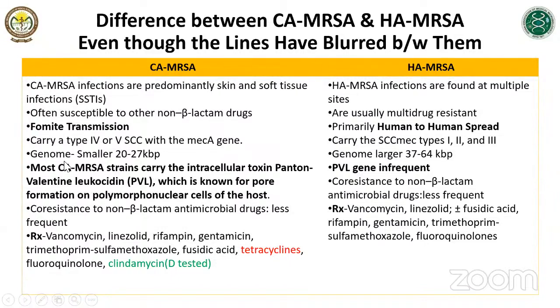The genome is smaller for this SCCmec because it carries the type 4 or type 5 SCC with the mecA gene. Most community-acquired MRSA strains carry the PVL toxin, and it is said that community-acquired MRSA has greater PVL toxin compared to hospital-acquired MRSA, which spreads primarily human-to-human inside the hospital.